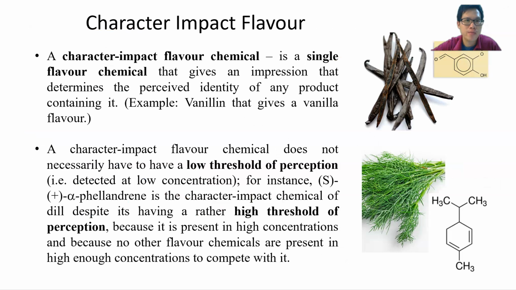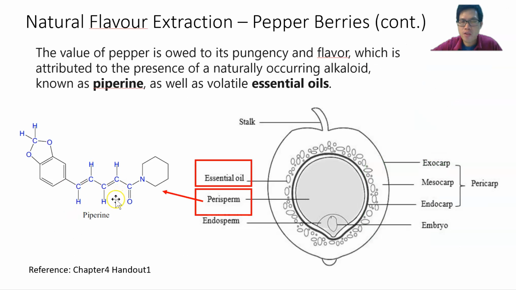So piperine is very crucial, and most of this piperine is located here. The pepper flavor, the pungency and the flavors, are attributed to the piperine, which is located here, as well as the essential oil outside here. So in order to extract, you will need to have this outer layer removed, leaving the essential oil and the piperine.